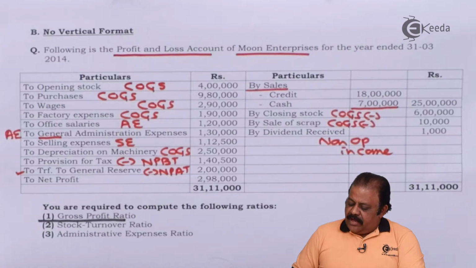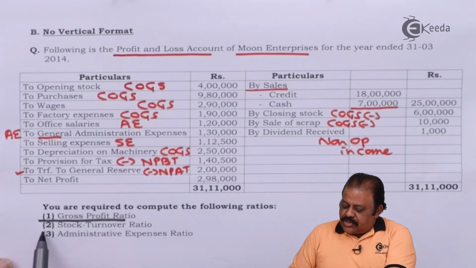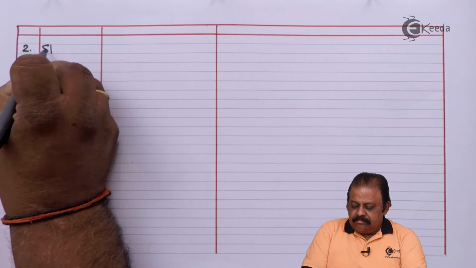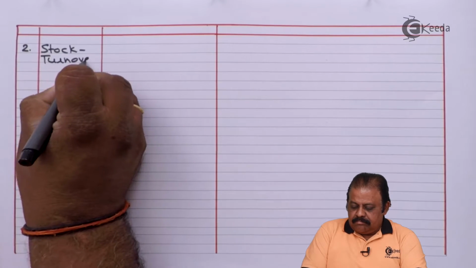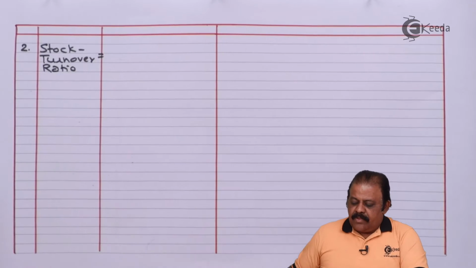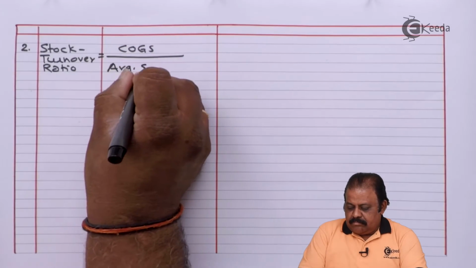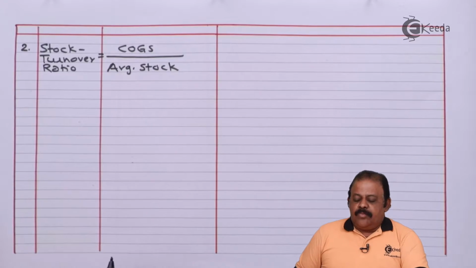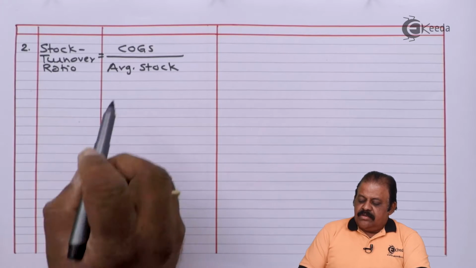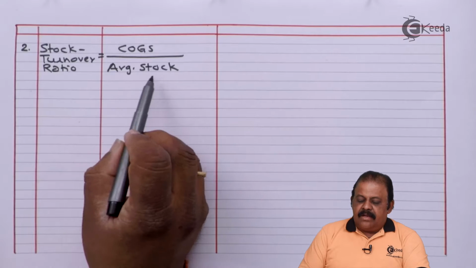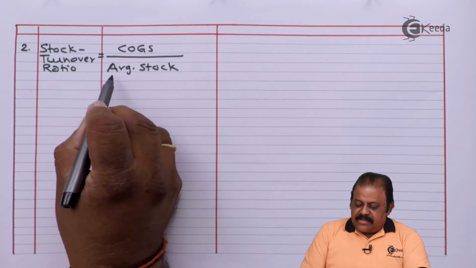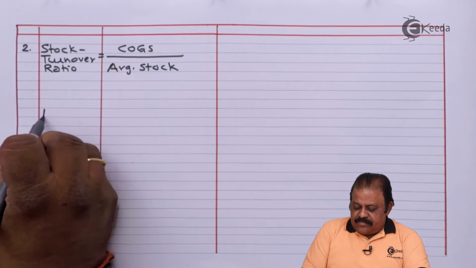Next ratio we have is stock turnover ratio. Formula for stock turnover ratio is cost of goods sold divided by average stock. Let us calculate average stock.